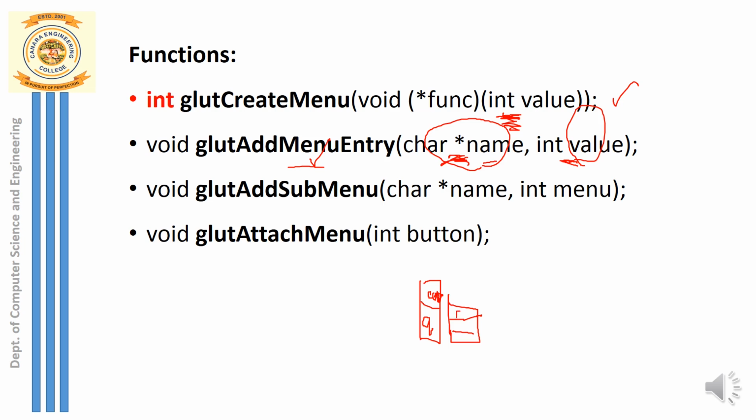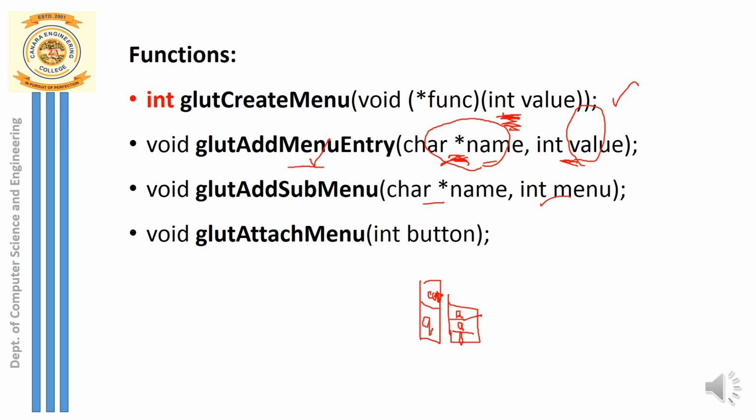So what are the entries inside this submenu? It should be all the colors. RGB are the colors that are displayed the moment I click on this color option. Such a submenu I can also create here. The first parameter is the name that you give for the menu, and then the int menu, which is the one that links my submenu to the main menu.